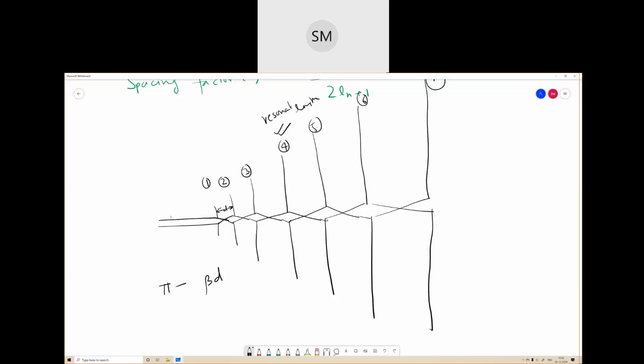However, for the capacitive elements, this d is small. This d is quite small, because the capacitive elements are very closely spaced to each other. So the phase difference delta phi is almost pi.